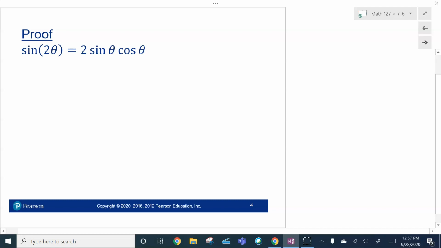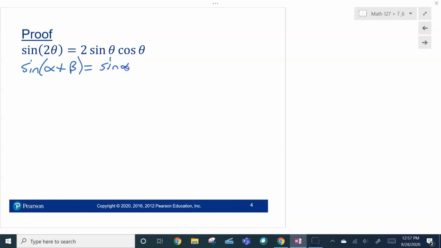Let's go through the sine 2 theta proof, just so you know where this comes from. If you recall the sum formula, sine of alpha plus beta is sine alpha cosine beta plus cosine alpha sine beta, right? Well, 2 theta is just theta plus theta.